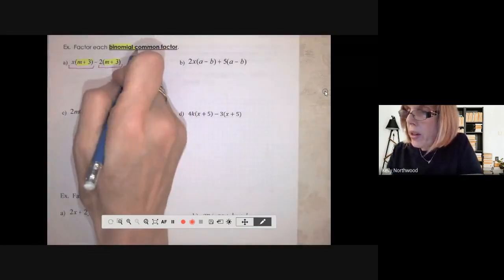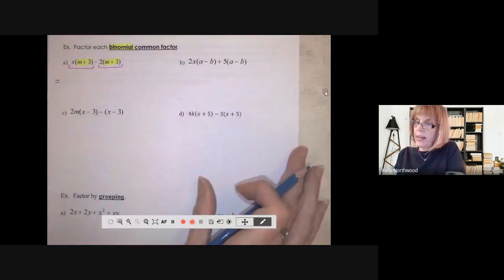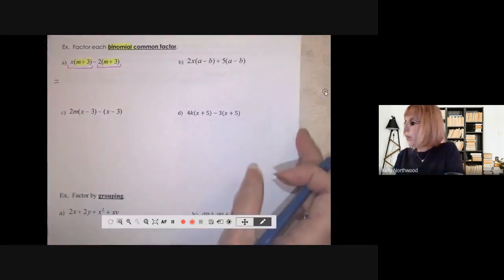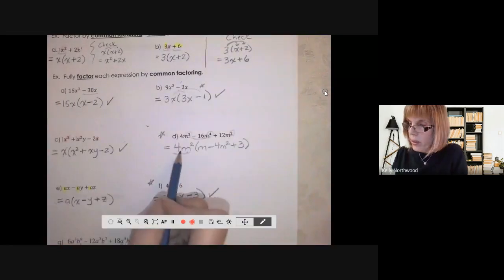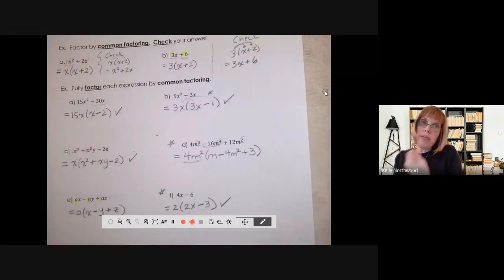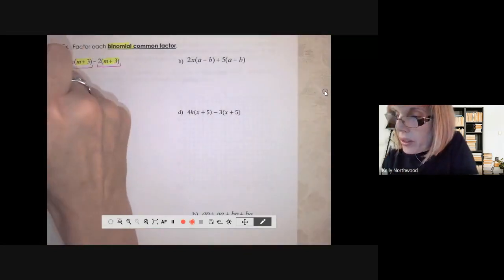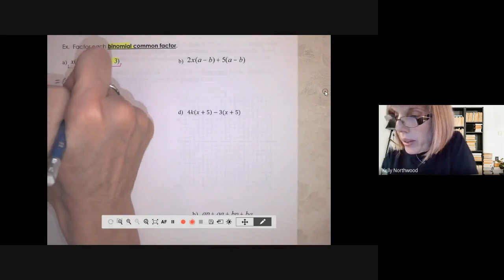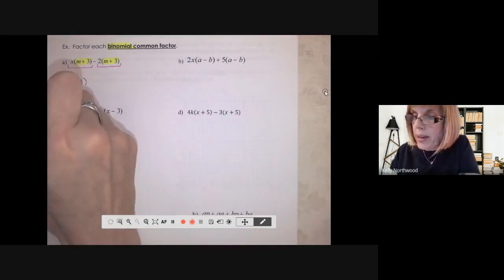So they have what we call a binomial common factor. So their common factor isn't a monomial like it was here. Single terms are called monomials, and normal common factoring questions work like that. But here the common factor is the binomial m plus 3. Okay, so that's my common factor.